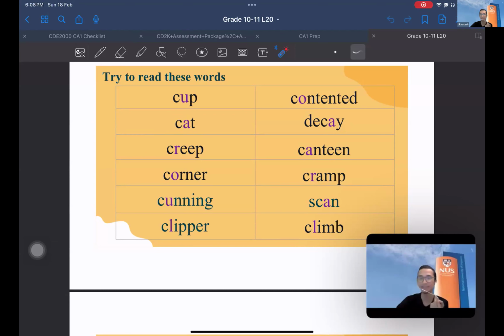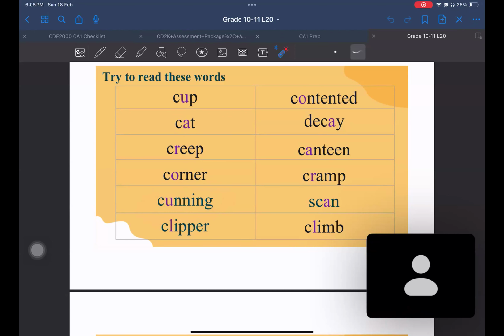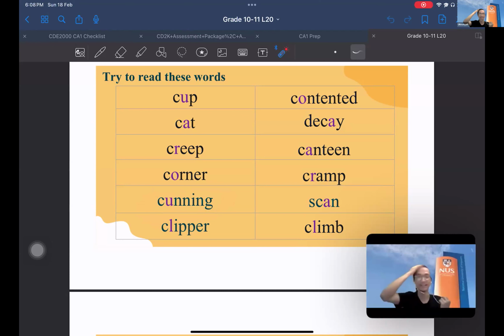Thank you. Does anyone want to try if they know the meaning of cunning, or just want to try saying cunning? Cunning. Okay. That's all right. That's fine.